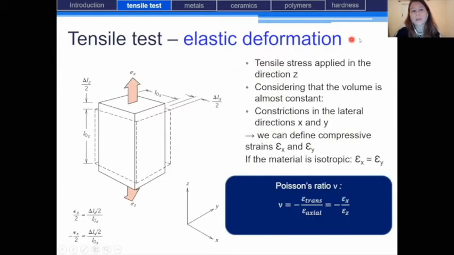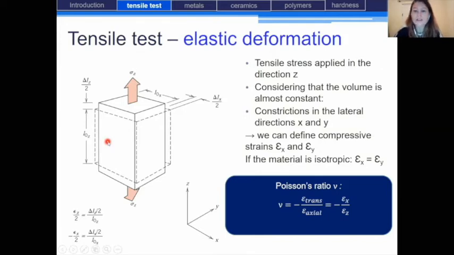So when we perform the tensile test, we apply a load in a direction, so let's say in the direction z. And considering that the volume of a material is almost constant, we will observe a constriction in the lateral directions, x and y.